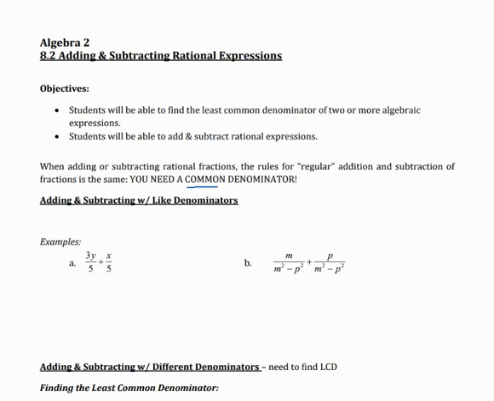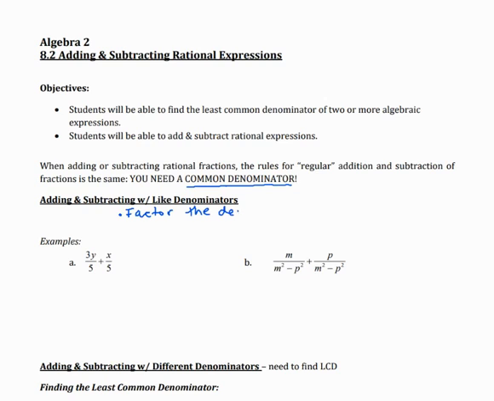Okay, so let's start nice and easy. Let's add and subtract with like denominators. So what we're going to make sure to do is we're going to factor the denominator. Now we're going to find the domain if it asks you to.